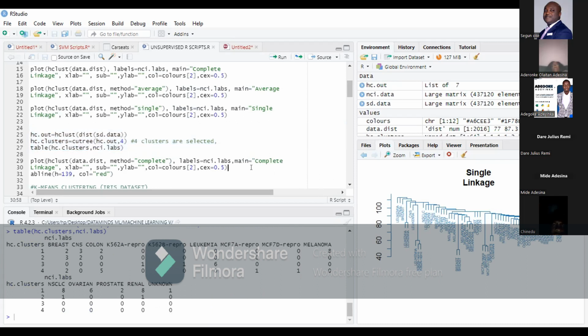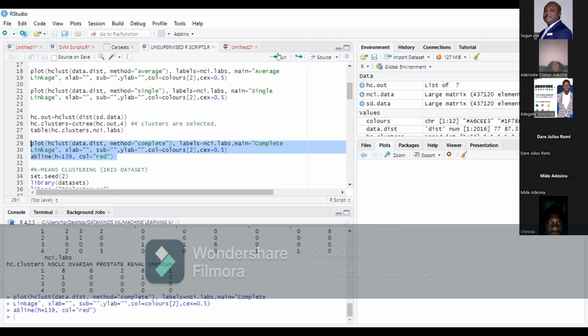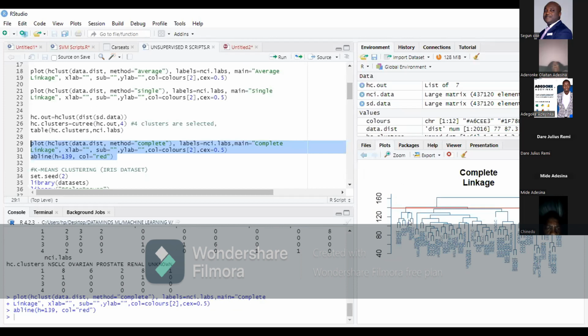All right. Now, let's look at what we have at the end of the day. You have considered that we want to cut it at a point, which is this, so that we can have 4 distinct groups.